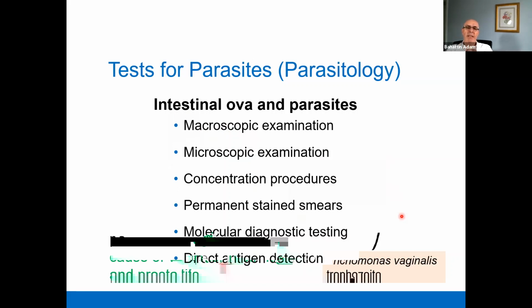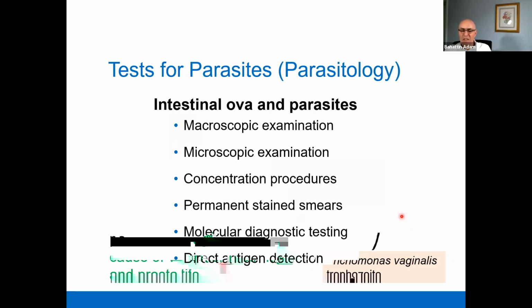As I said, intestinal ova or parasites under the microscope, which we call direct smear, is the most common one, a microscopic examination of the feces, of the stool.